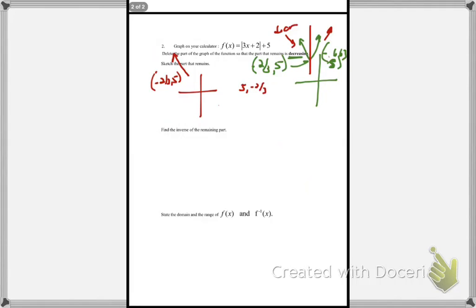And you can kind of see that your line, to be symmetrical over the line y equal x, will go out this way. Okay. Now, you can do this in your calculator again. Put it in your y equals. Put an extra set of parentheses around it. Use your absolute values.